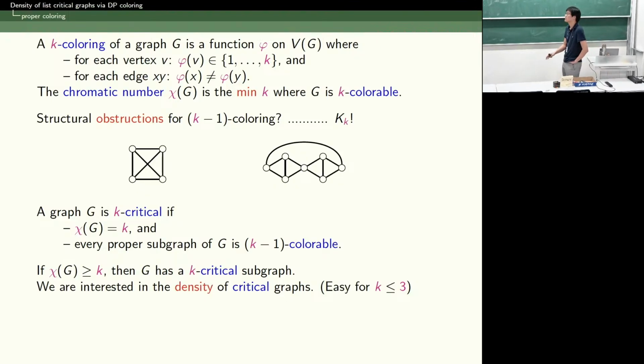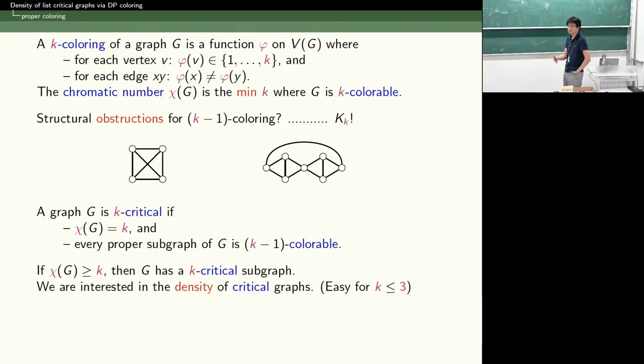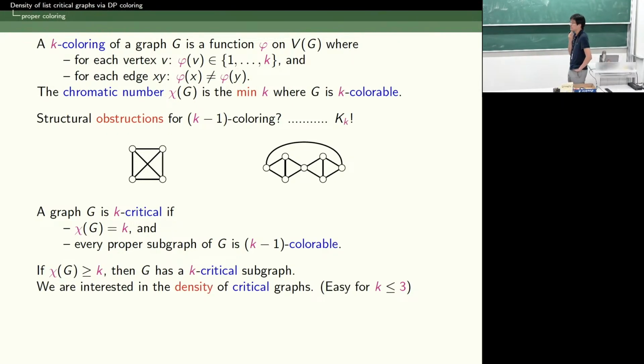They're called k-critical because the chromatic number is k, but you should think of it as obstructions for graphs being k-1 colorable. So one observation is that if your graph has chromatic number at least k, then you will have to contain one of these k-critical graphs as a subgraph. And why is that? Well, your graph has chromatic number at least k, and you remove edges one by one.